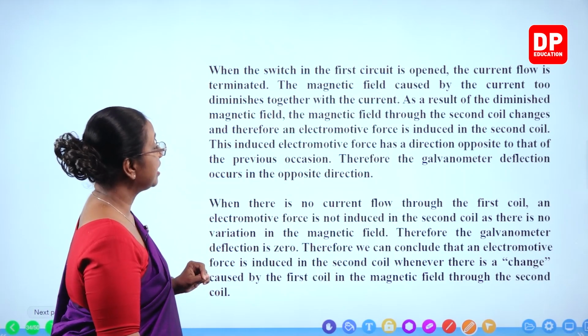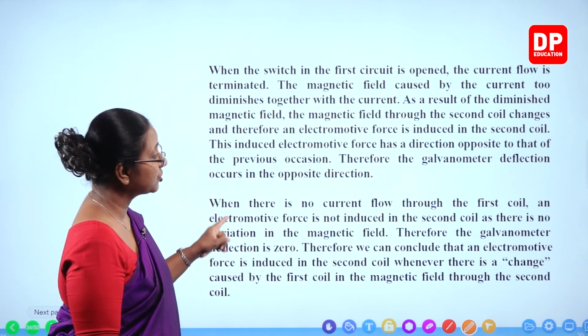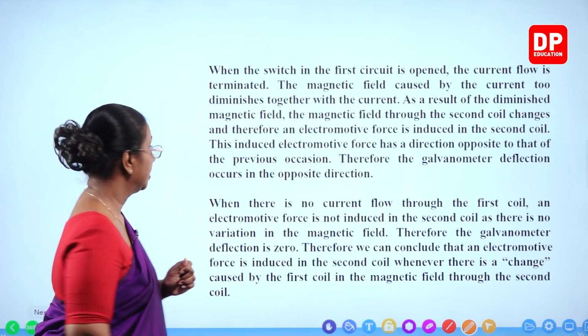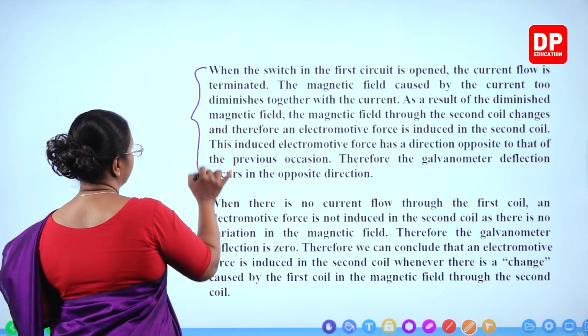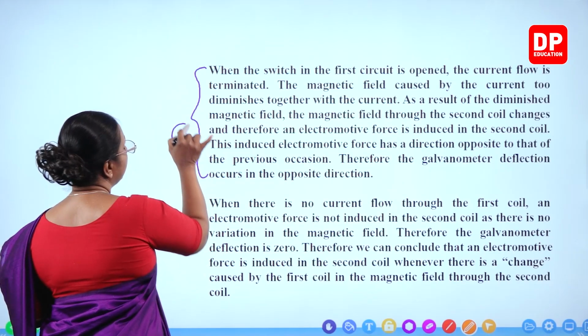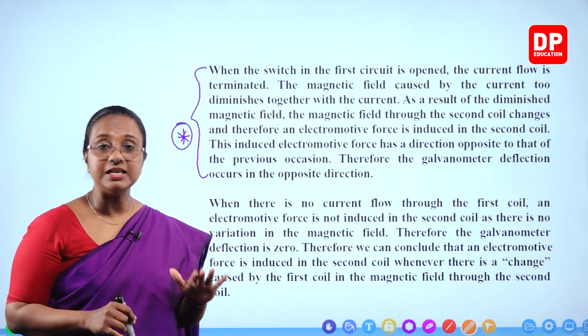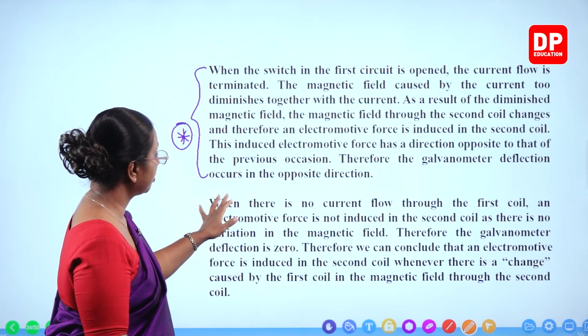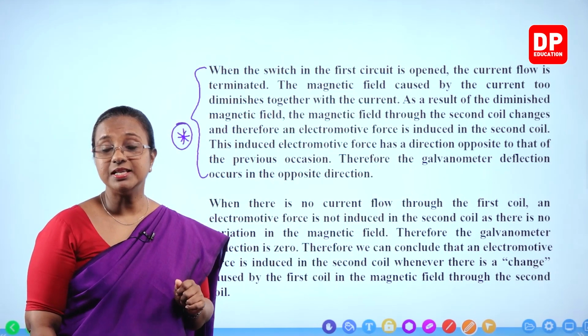This induced electromotive force has a direction opposite to that of the previous occasion. So this is what I told you when you compare the first and the third instances. Therefore, the galvanometer deflection occurs in the opposite direction.